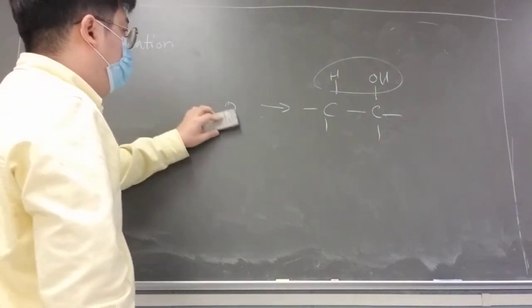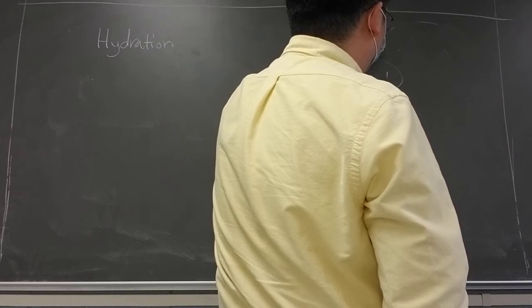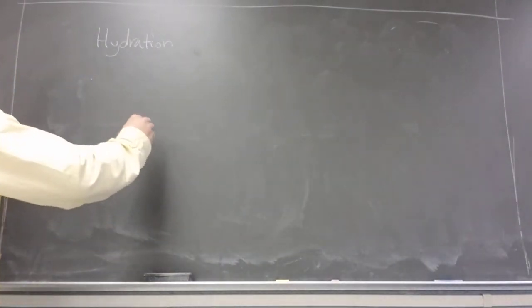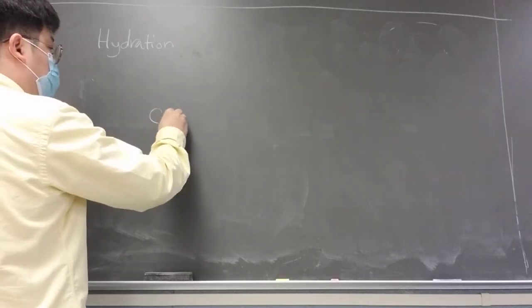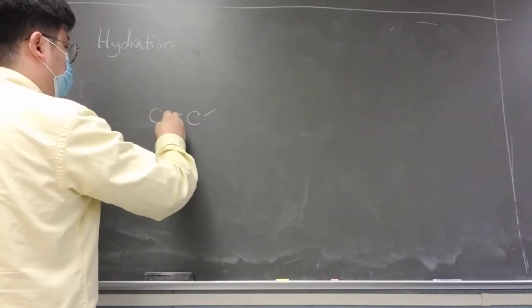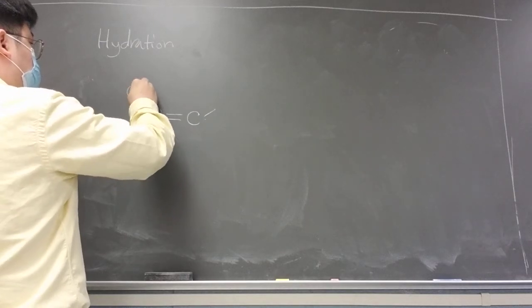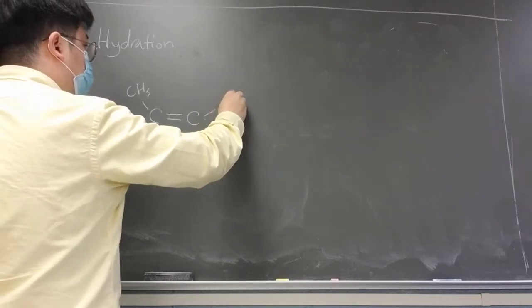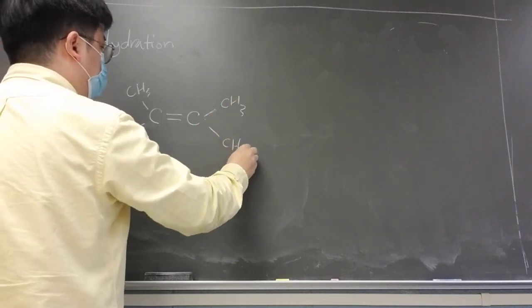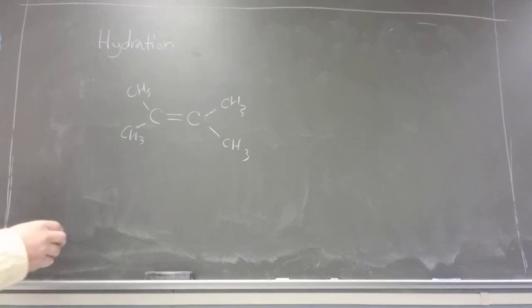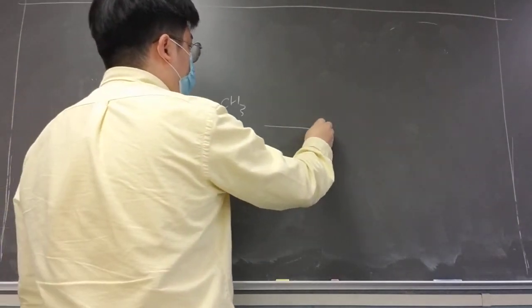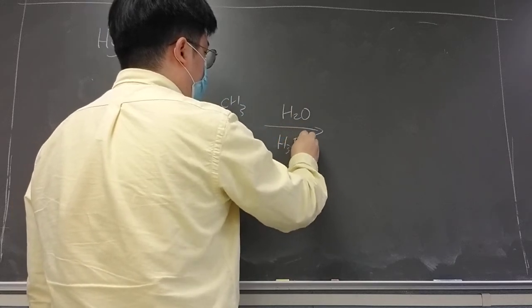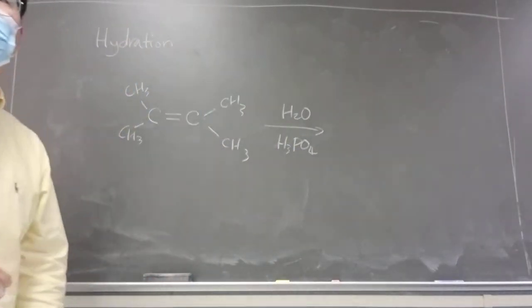I'll give you one example here. So if you have a double bond over here, we normally do that with some strong acidic solution. Okay?